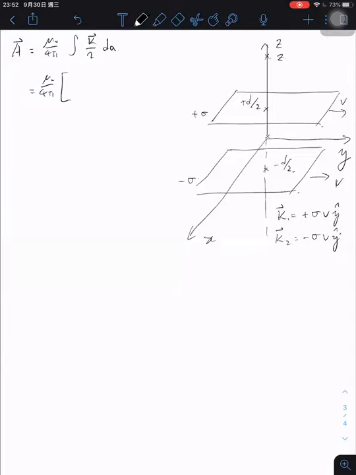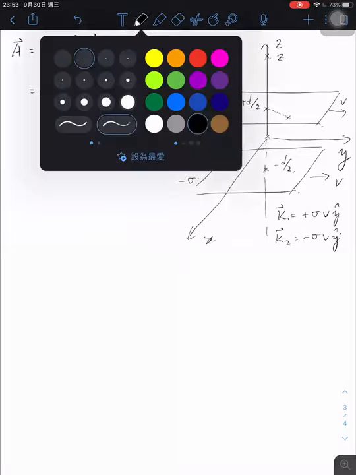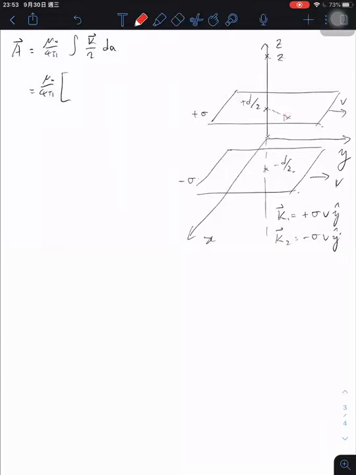For the first plate, we have to integrate over the source. Here I draw a small unit area in red.